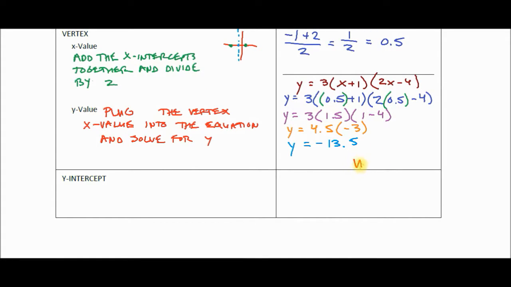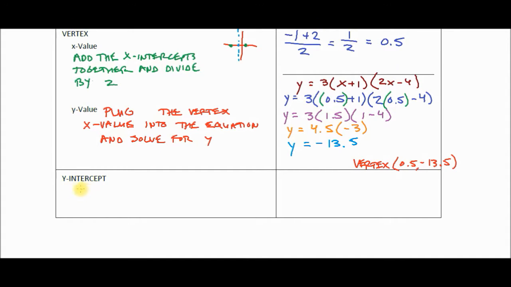Our vertex is at 0.5 and negative 13.5. You can write that over a little bit to the left so it shows up in your box correctly. So 0.5 or 1/2 comma negative 13.5, and we just found the vertex of an intercept form quadratic. All right, let's wrap this section up.